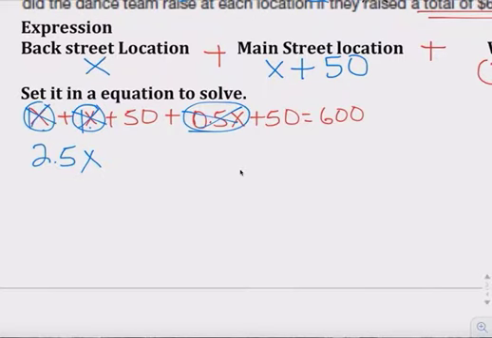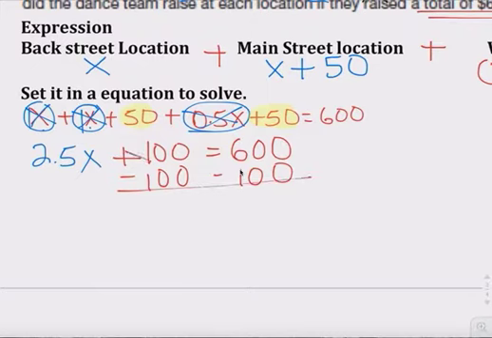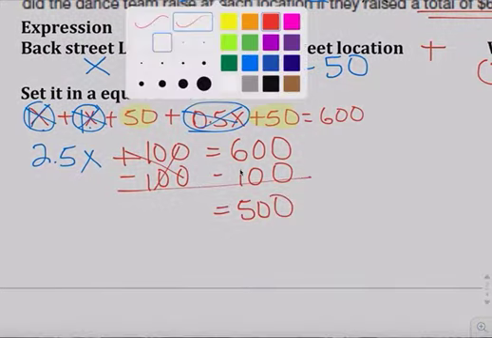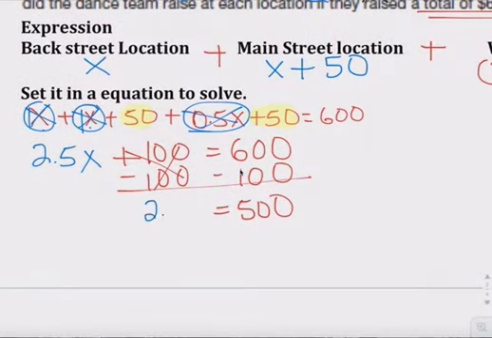We have left 50 plus 50, which is 100. 2.5X equals 600 minus 100, 500. 2.5X divided by 2.5. X equals, okay, I'll use a calculator.